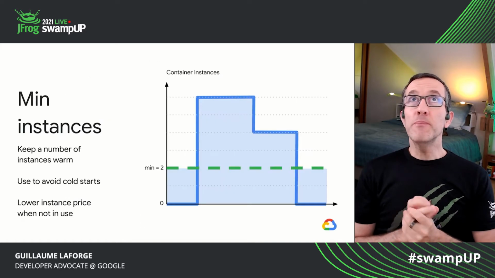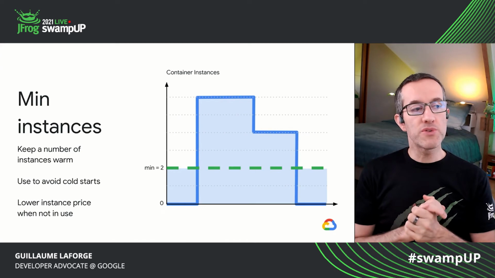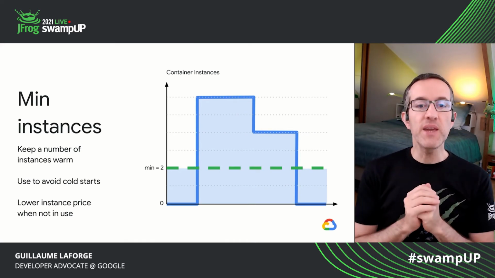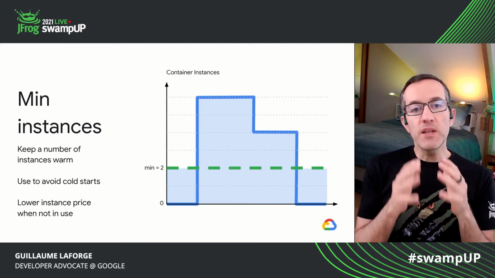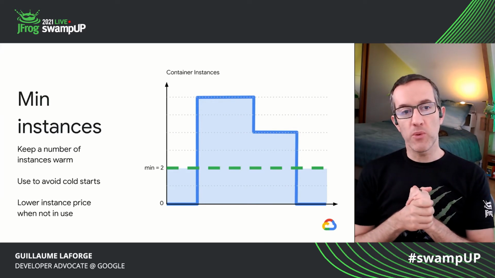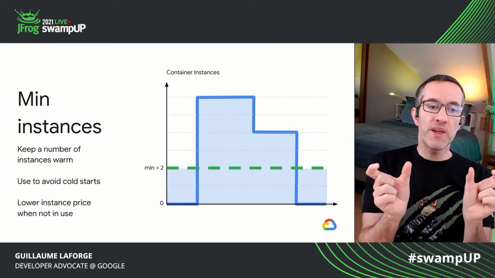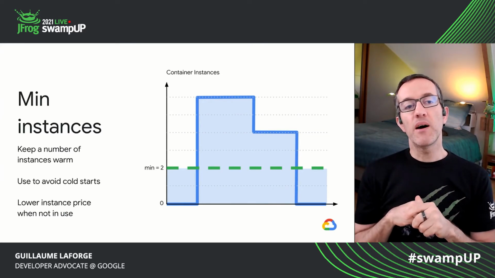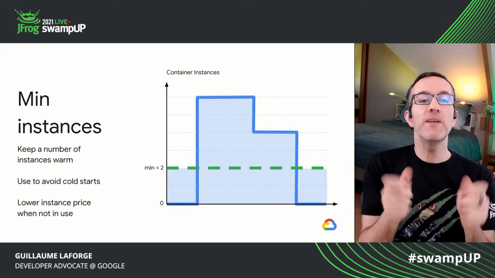I mentioned cold starts earlier. There's another thing which is useful for avoiding cold starts. That's defining a minimum number of instances that are warm and ready to serve new incoming requests. So if you look at the traffic in blue, for the parts that are below the dotted green line, usually you would have had a cold start for requests coming in those periods.